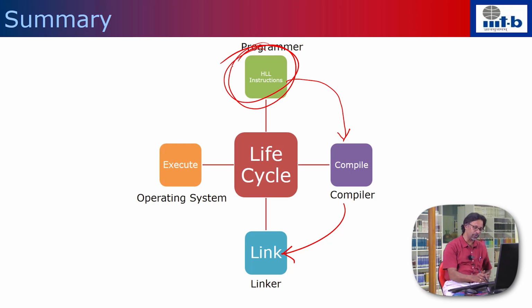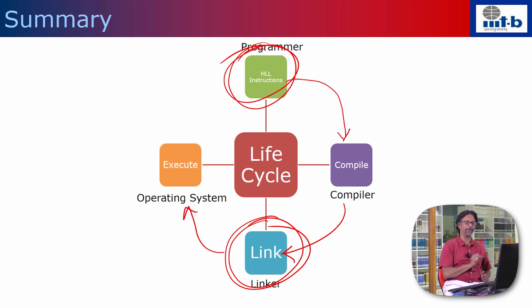So you need to go through a fresh linking process every time, and then you produce a fresh executable every time. Okay, so whenever you want a change in functionality of your program, you have to start all the way from modifying your high-level instructions.